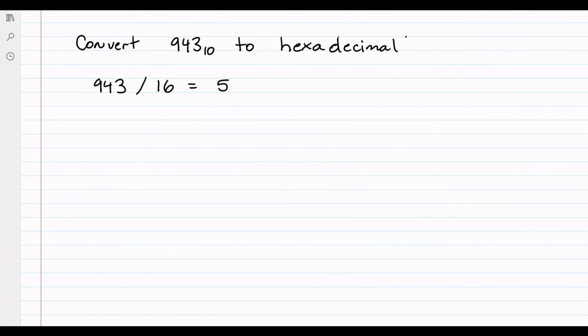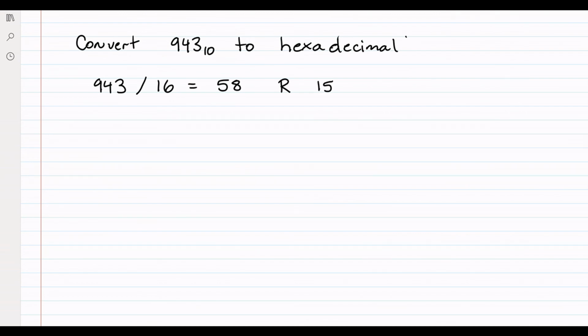let's say 943 base 10 to hex. Okay, I would take 943, divide by 16, because that's the base of the number system. That gives me 58, right, with a remainder of 15.